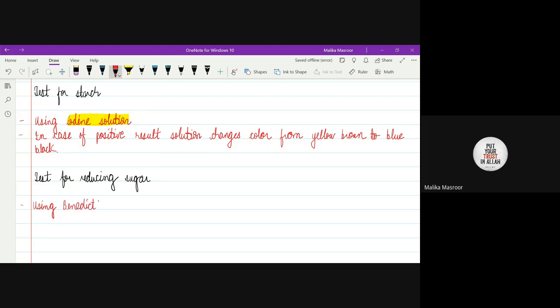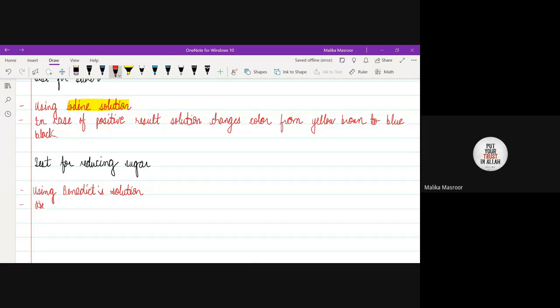Heat the entire solution that contains the substance you are testing for the presence of sugar, not only the Benedict solution, the entire solution containing reducing sugar. And then Benedict solution is added.